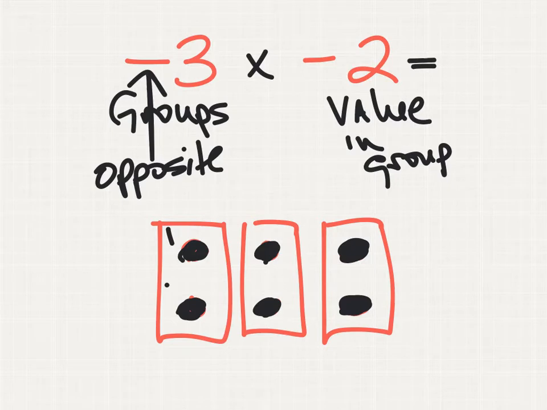And that means that when I count my counters, -3 times -2 will be +6. The opposite of 3 groups of -2 is 3 groups of +2, which gives me +6.